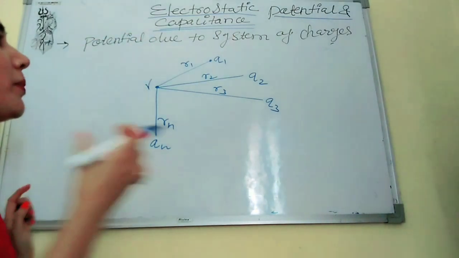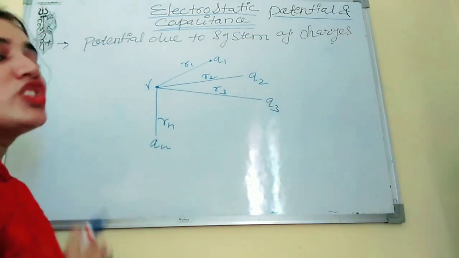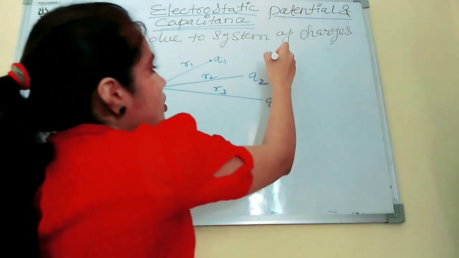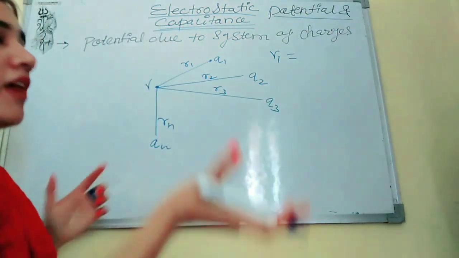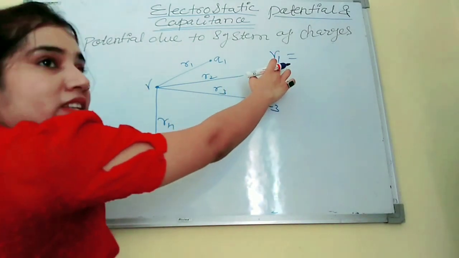What we will do is simply find the potential because of the individual charges. Because of Q1, the potential is V1, and we have already derived in our previous video the potential due to a point charge.